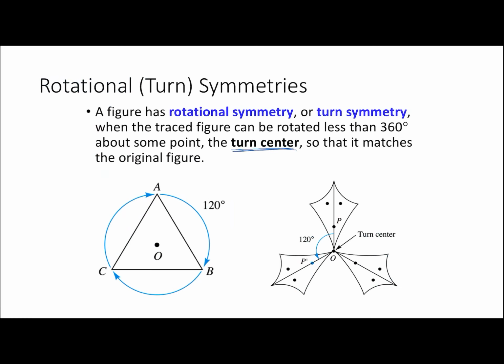Okay, it's going to be a term that we use because we're rotating around a point. And so when we talk about rotational symmetry, what we mean is that if we can rotate a figure right or left less than 360 degrees and the figure ends up looking exactly like it started, then it is considered to have rotational symmetry.